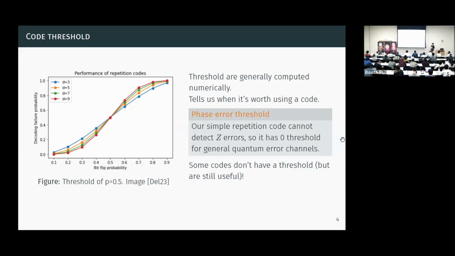Yeah, question? What exactly is the threshold? A threshold. Yeah, maybe I should have said it more explicitly, but the threshold here is the intersection of all the curves here. So below the threshold, which is 0.5 here, we can increase our code distance arbitrarily and suppress the error arbitrarily, right?